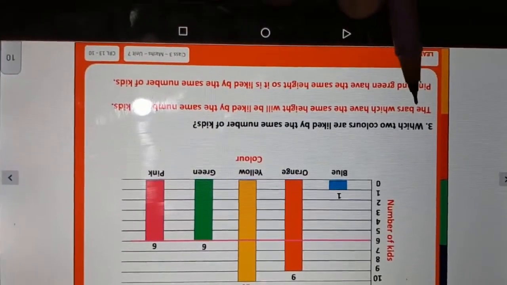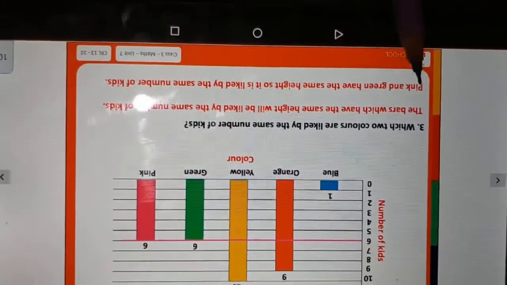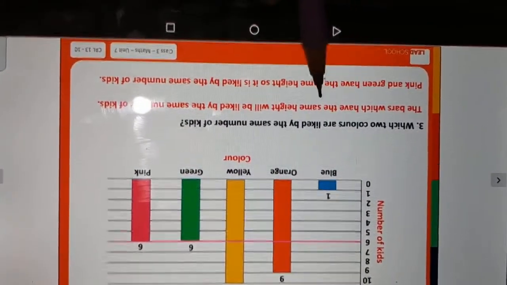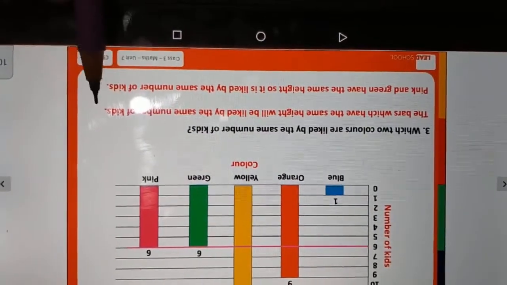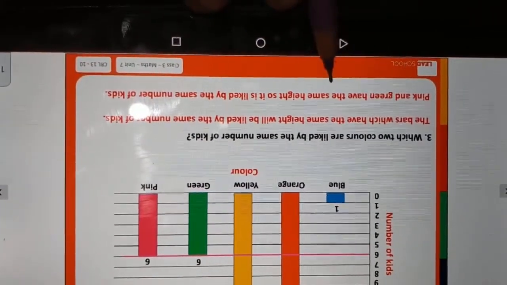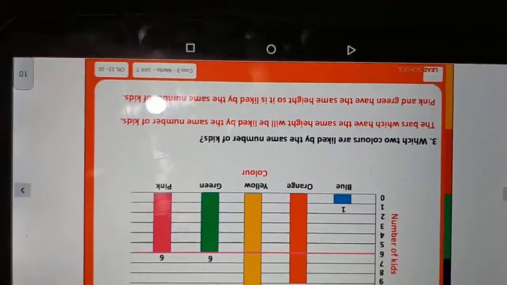Next worksheet. The bars which have the same height are liked by the same number of kids. Pink and green have the same height, so they are liked by the same number of kids.